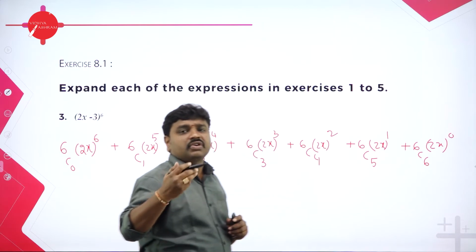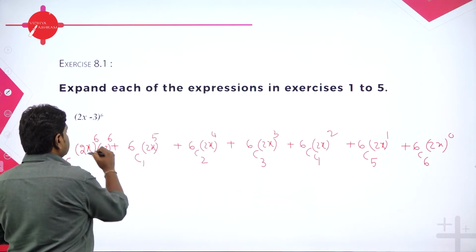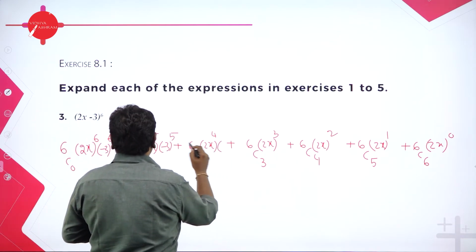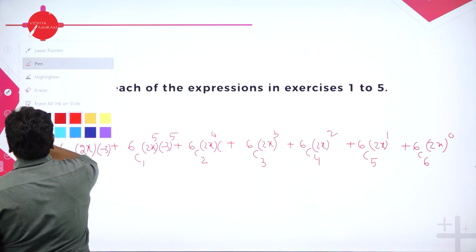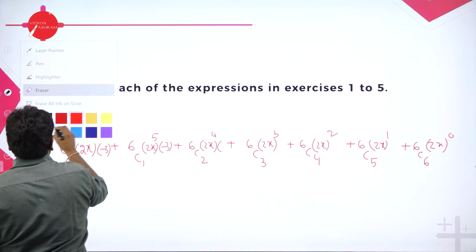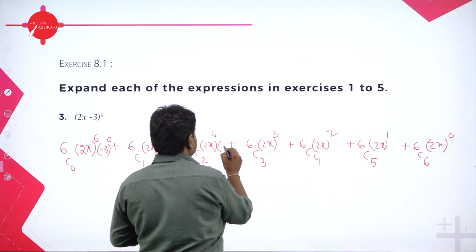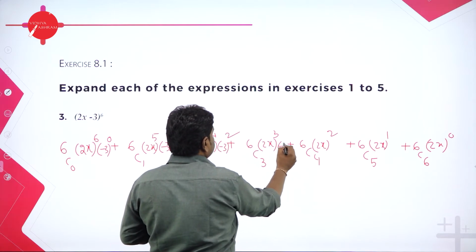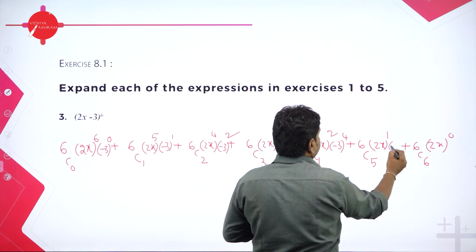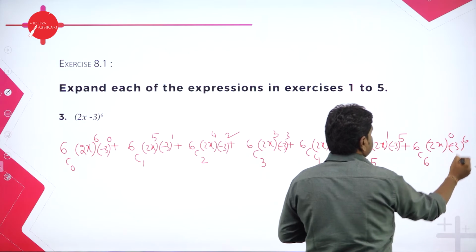The second term power goes on increasing, starting from power 0, then 1, then minus 3 power 2, minus 3 power 3, minus 3 power 4, minus 3 power 5, minus 3 power 6.